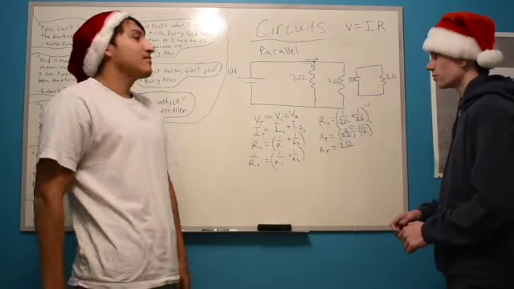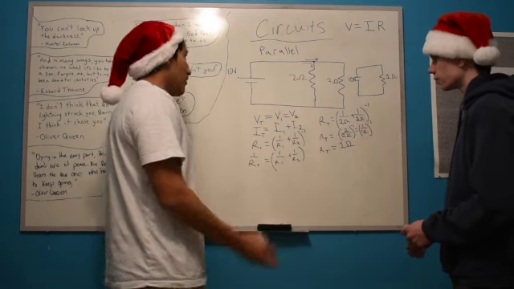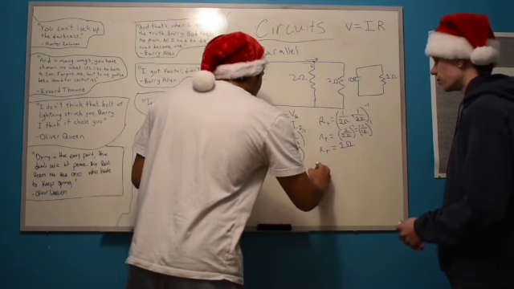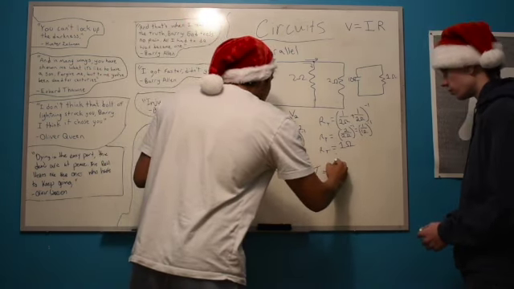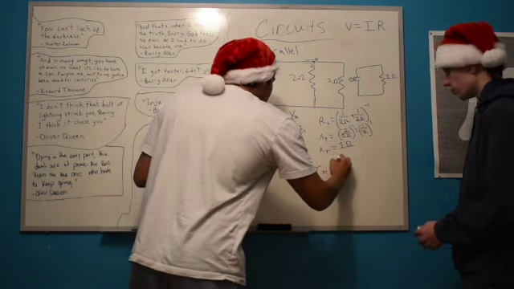Okay, so now that we have the total resistance, we can solve for the total current in the system, which would just be V over R. So in this case, the total current would be the total voltage over the total resistance, which is 1 ohm. So the current would just be 10 amps for the total.